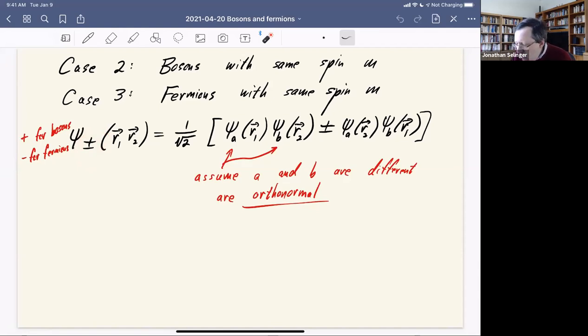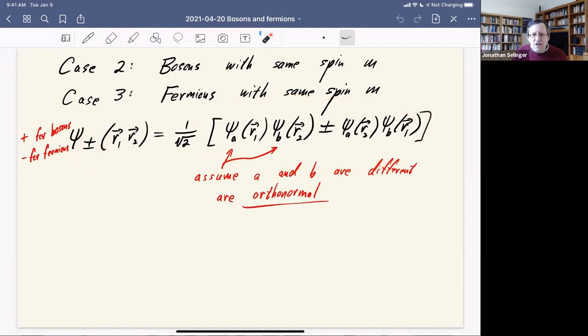So we get a result for the wave function that looks like this. This kind of wave function is neutral about which particle is in which state.